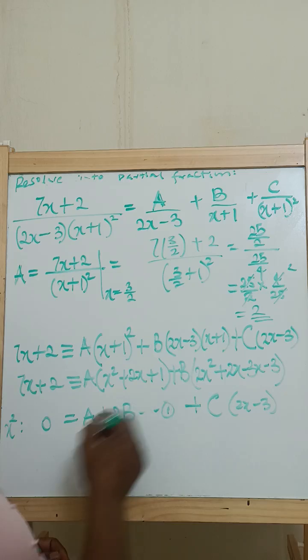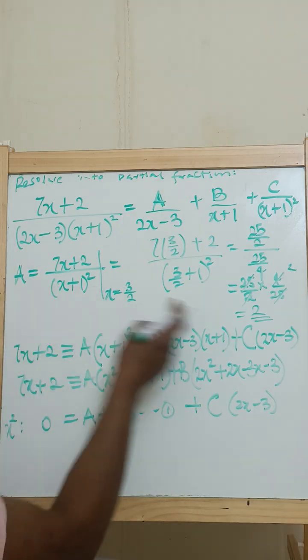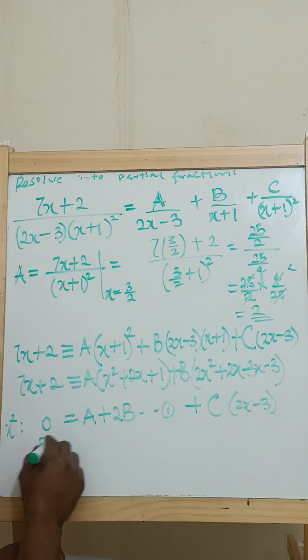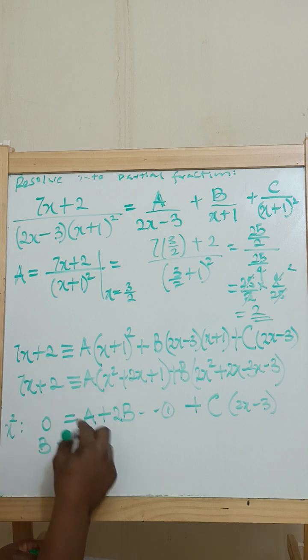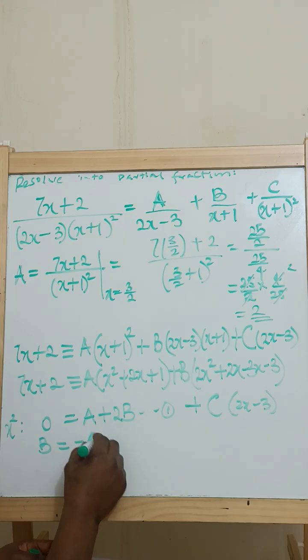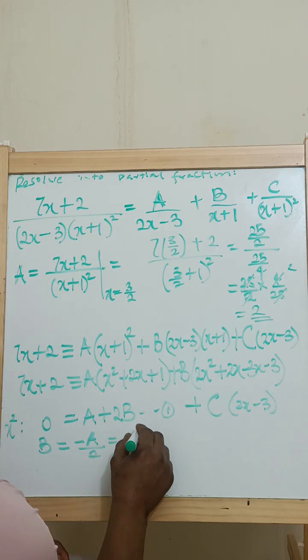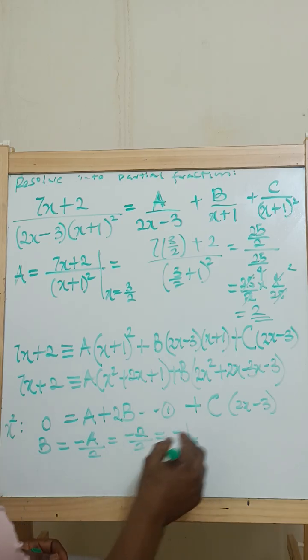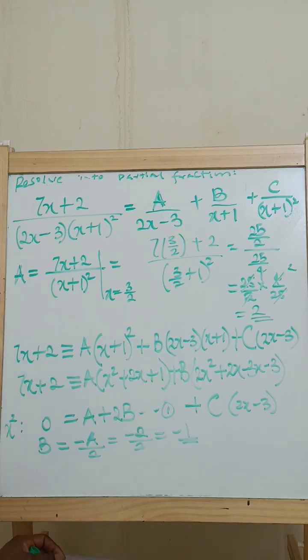Let's call this equation 1. We already know A, so it is easy to get B: B is minus A over 2, and minus 2 over 2 is minus 1. So we now know B to be minus 1.